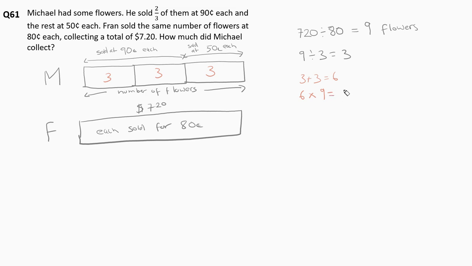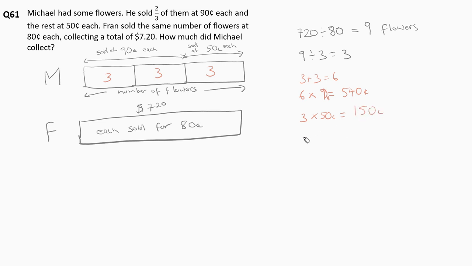Well, that's going to be 540. 540 what? 540 cents, because that was 90 cents. And he sold 3 at 50 cents, so 3 at 50 cents gives us 150 cents.